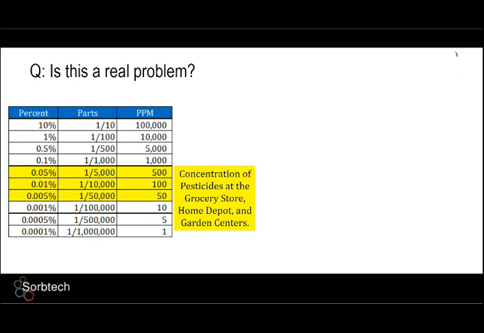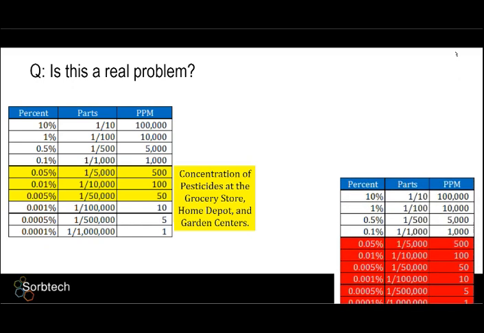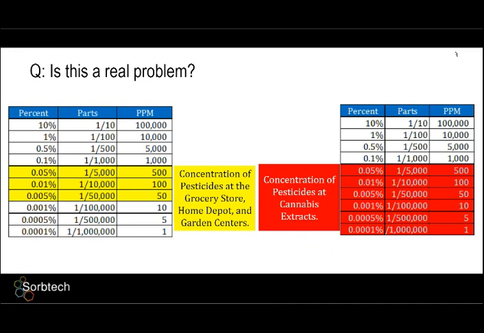Now, if you look at the concentration of pesticides in the cannabis extracts, you'll find that they're just the same. So I don't think it's a good idea to have such high levels of pesticides in cannabis products, and neither do the health authorities.